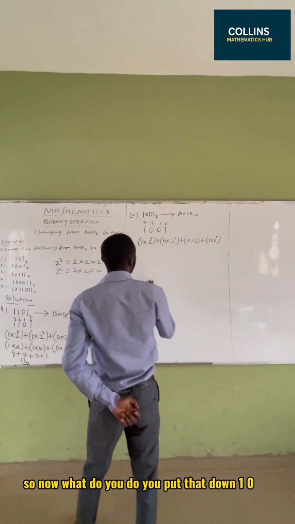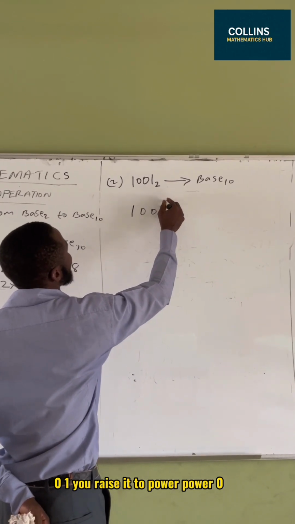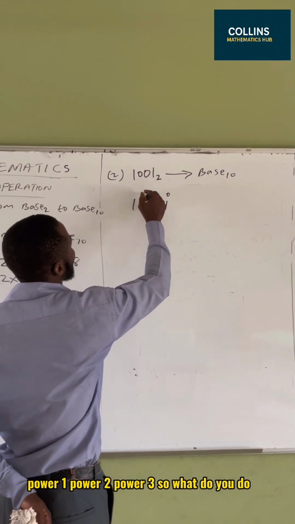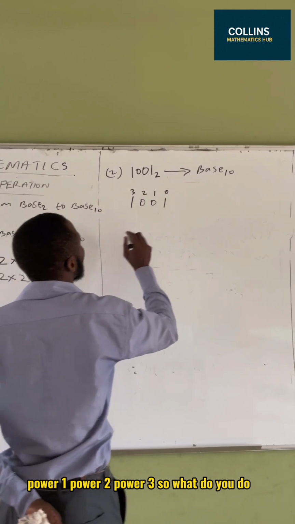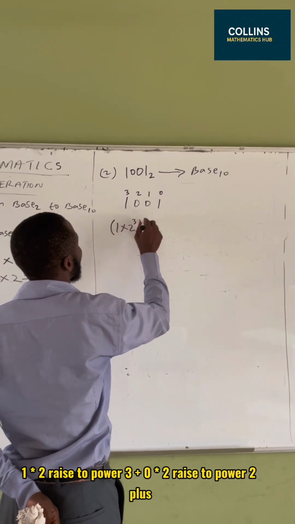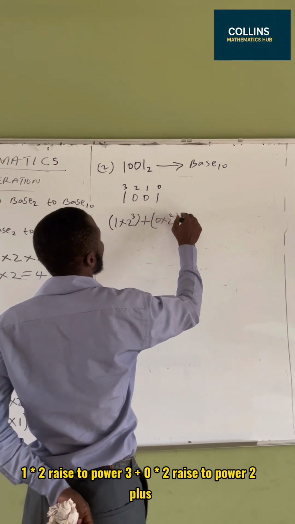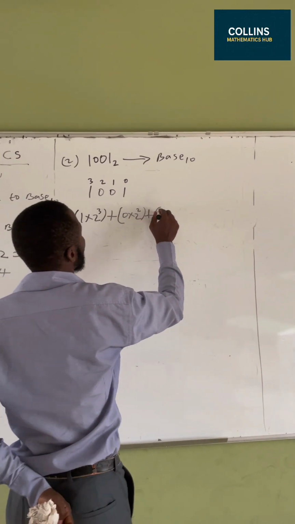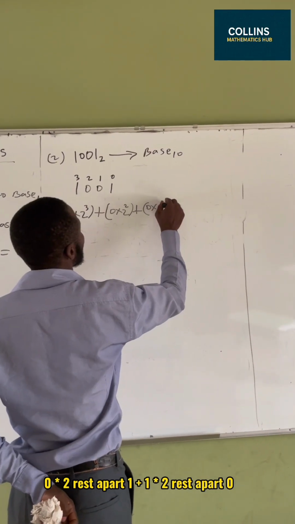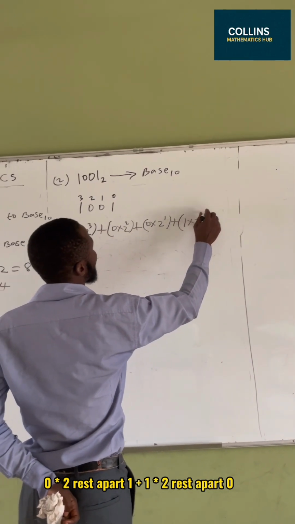So now you put them down, 1001, you raise them to power 0, 1, 2, 3. So 1 times 2 raised to power 3 plus 0 times 2 raised to power 2 plus 0 times 2 raised to power 1 plus 1 times 2 raised to power 0.